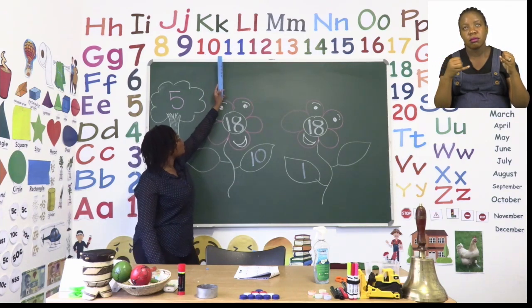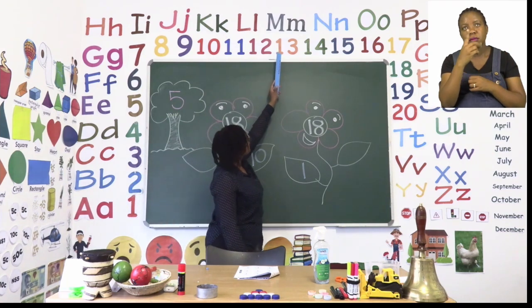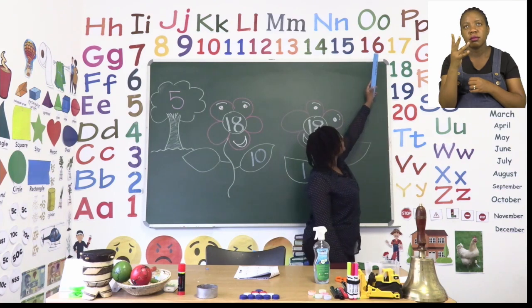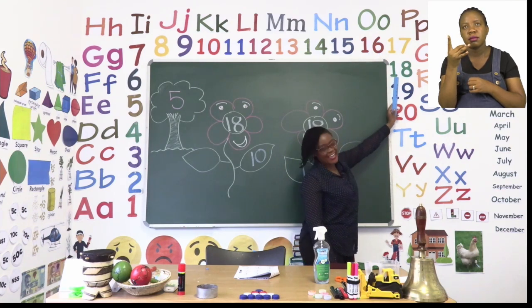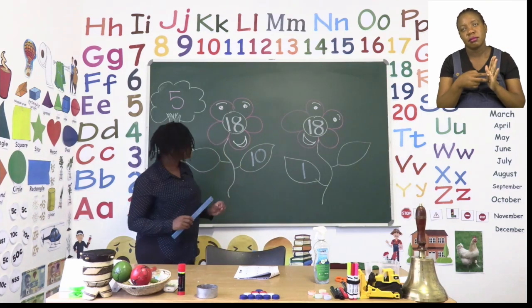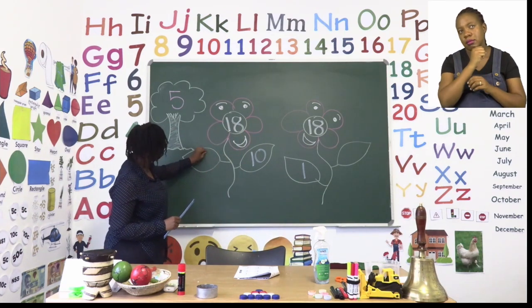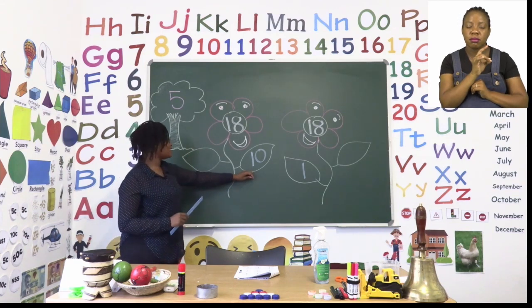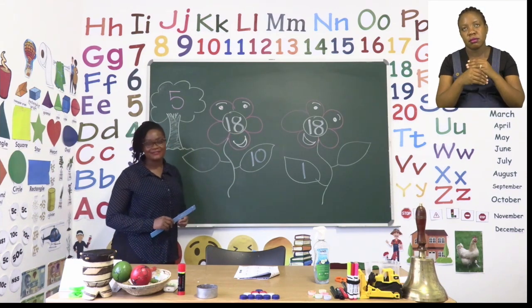Let's go. 1, 2, 3, 4, 5, 6, 7, 8. So that means, boys and girls, that the missing number is 8. That makes 8 plus 10 equal 18.